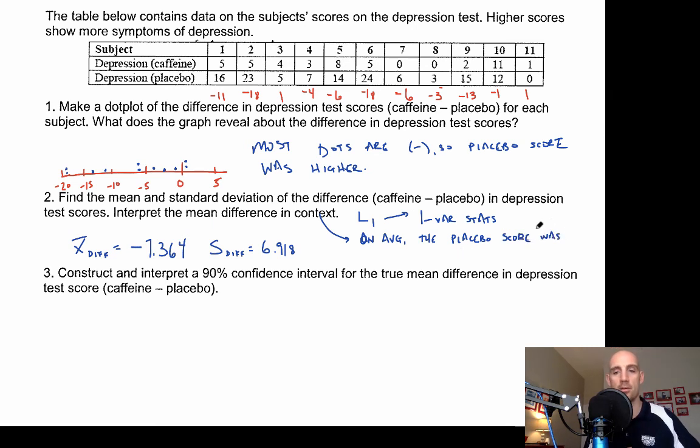You could say the placebo score was higher. You could say the caffeine score was lower. I'm going to say on average the placebo score was 7.364 higher than caffeine.